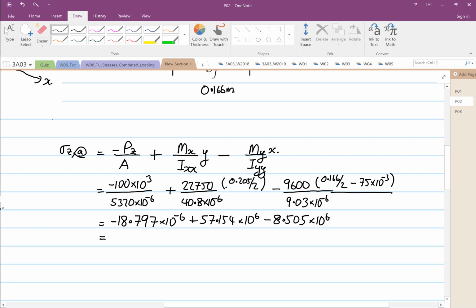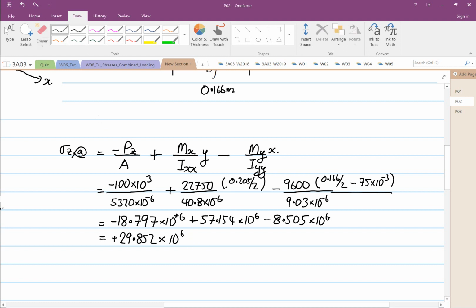So minus 18.797 plus 57.154 minus 8.505 is equal to 29.852 times 10 to the power of positive 6 Pascal, positive in tension.